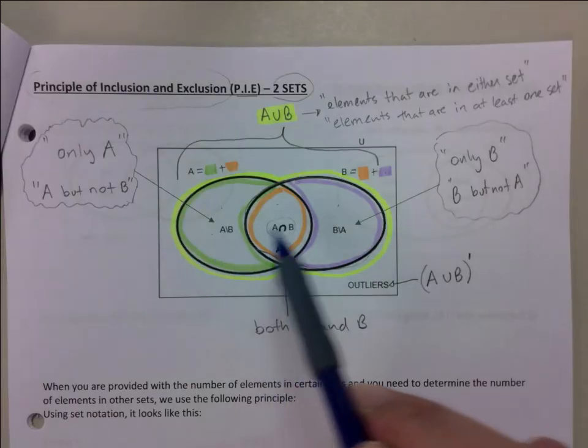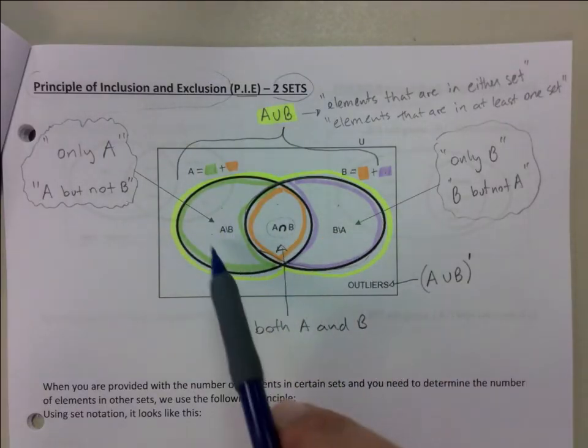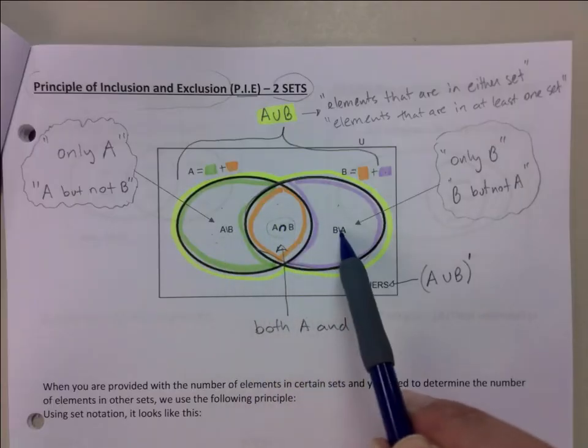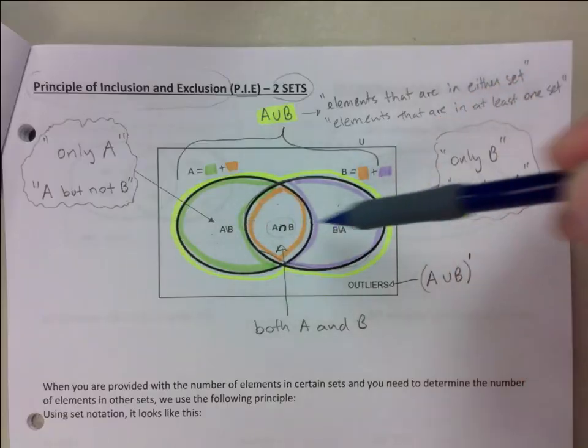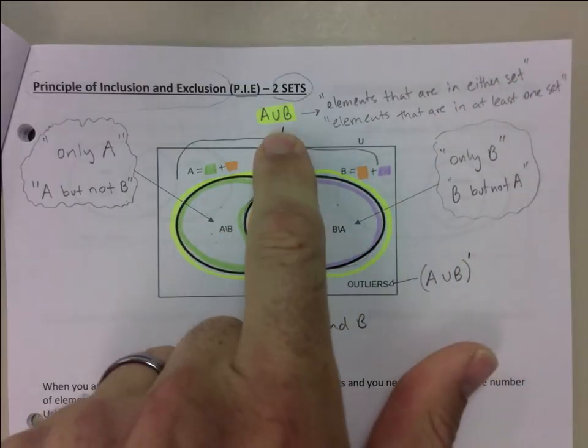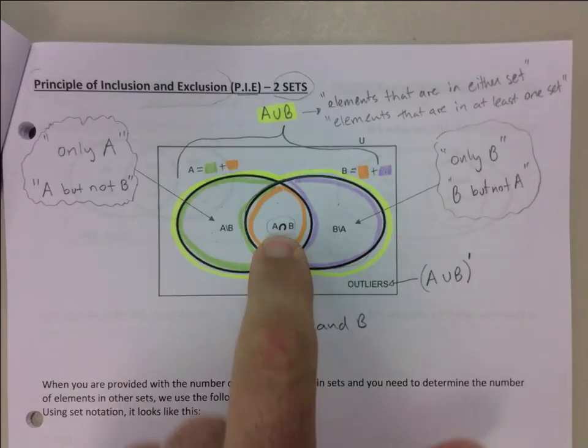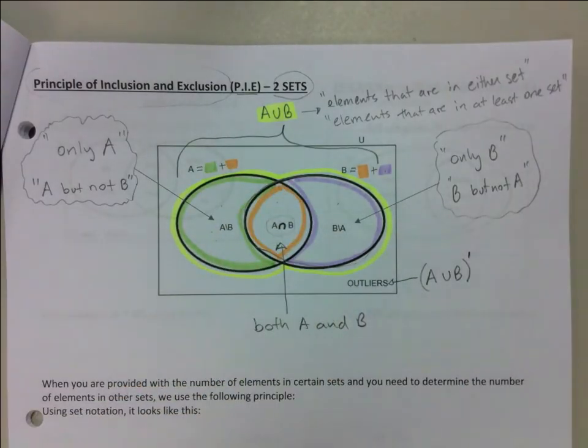We only care about the students that are somewhere in this area here, here, here, or here. There are three areas formed by those two circles. So we only care about that when it's union. When it's and, we only care about students that are in both classes at the same time. Okay?